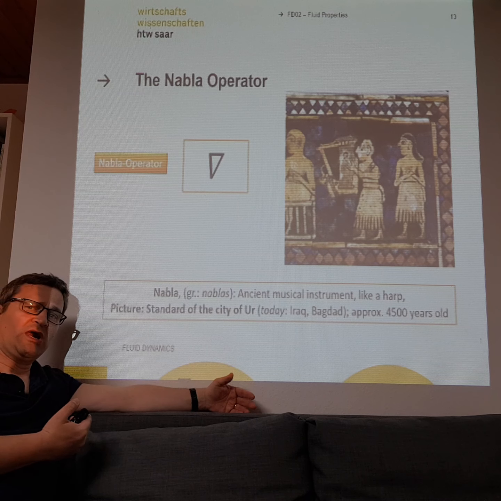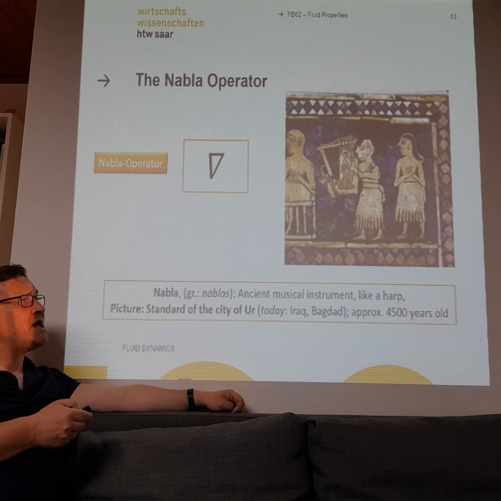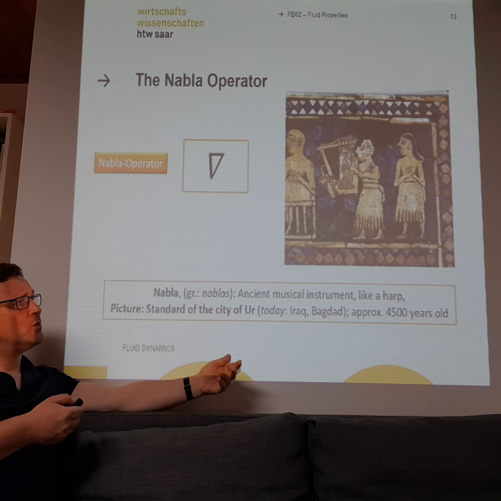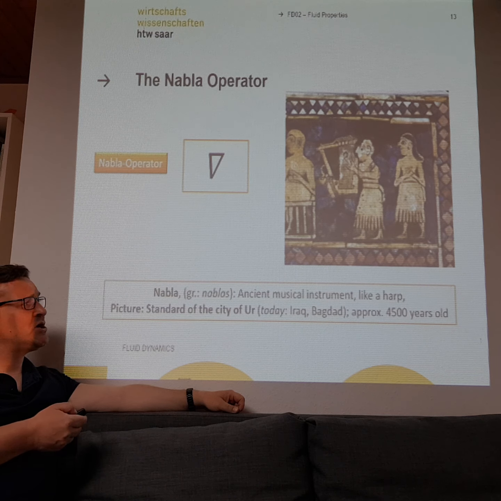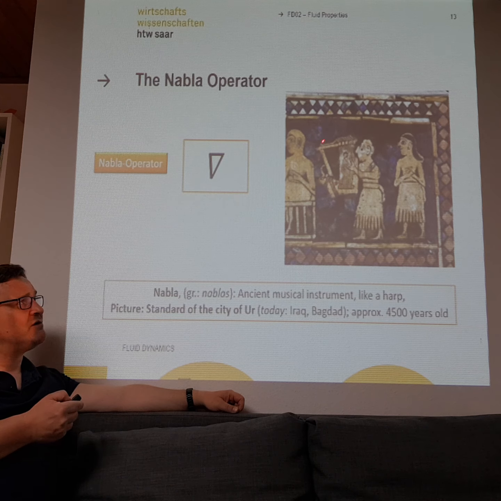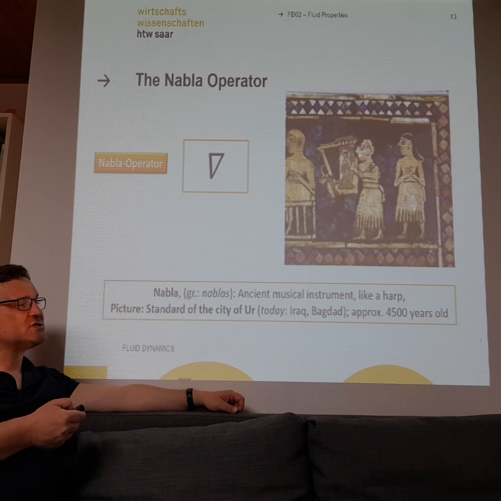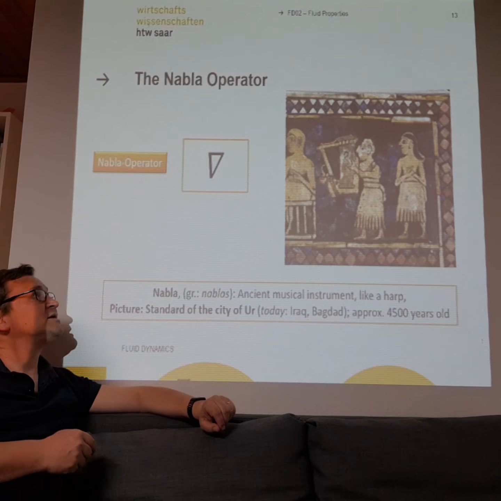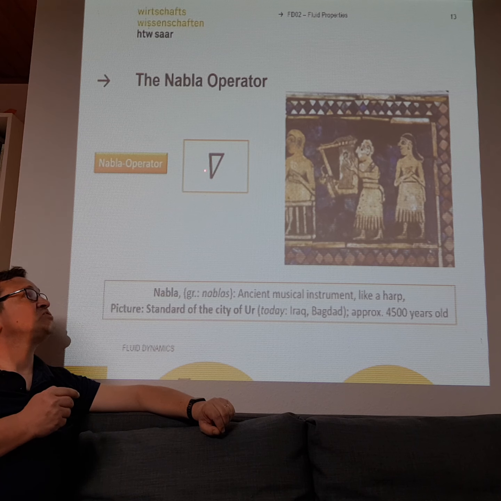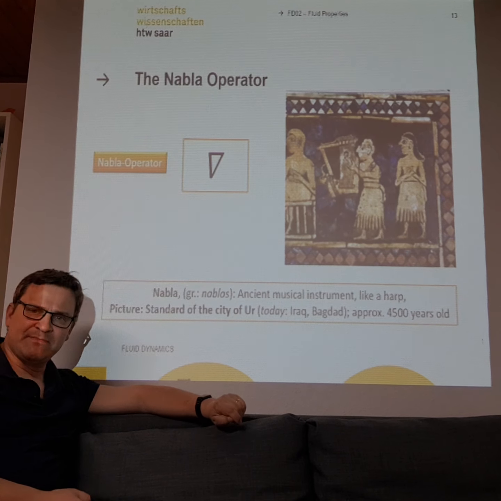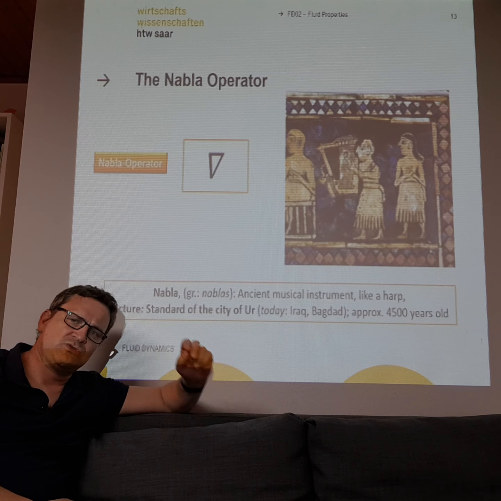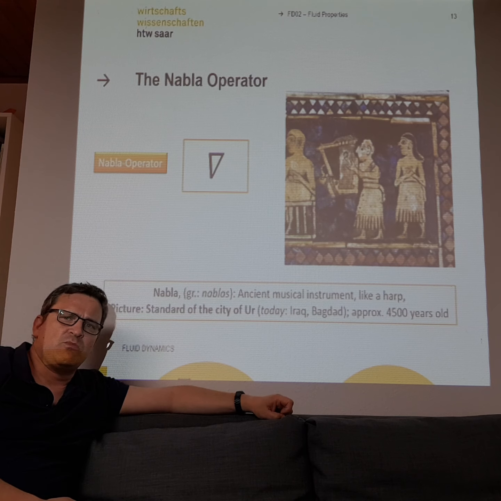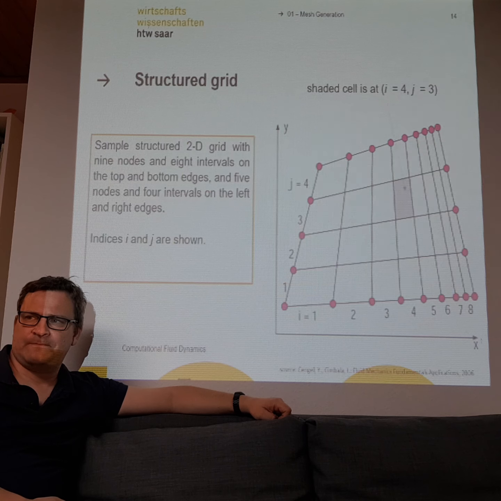They made a lot of art and pictures, and there is one picture of a musical instrument. Yeah, it looks like this. It looks like a harp, and it gave the name to our mathematical symbol, the nabla operator. So you will see this symbol more often now in the next time.